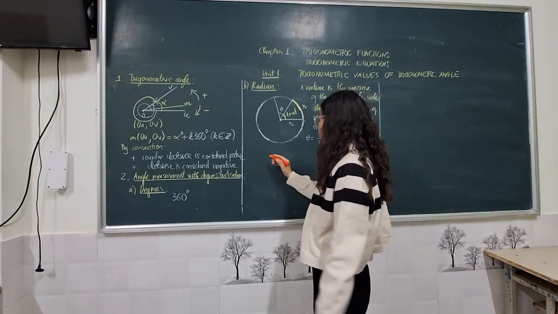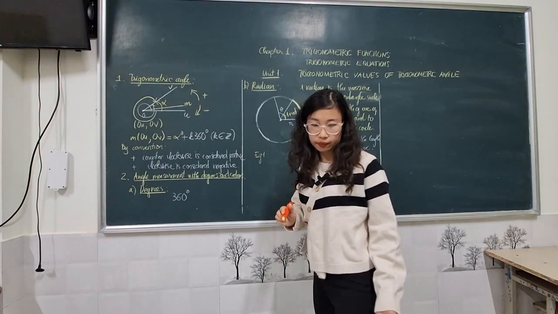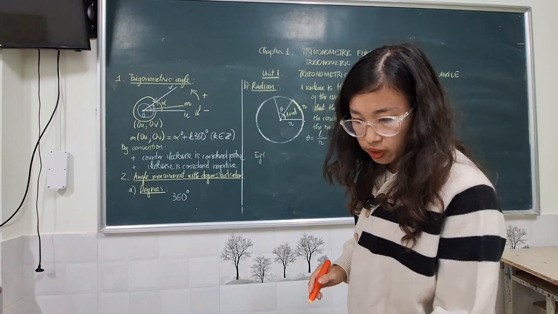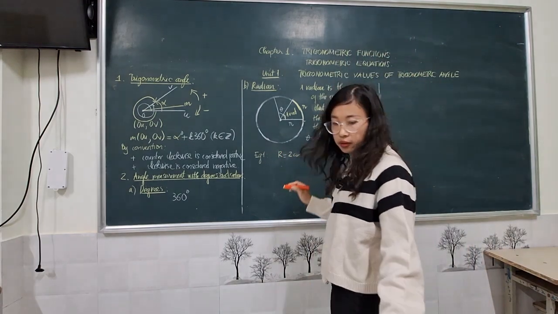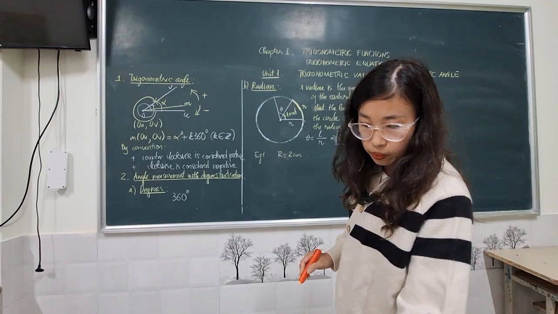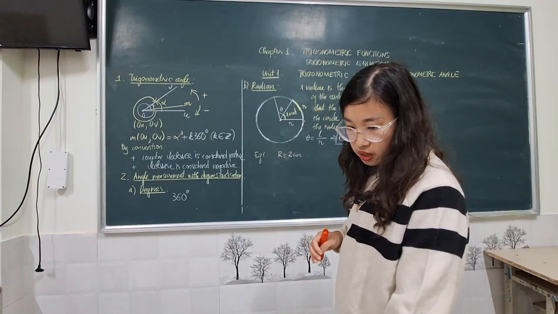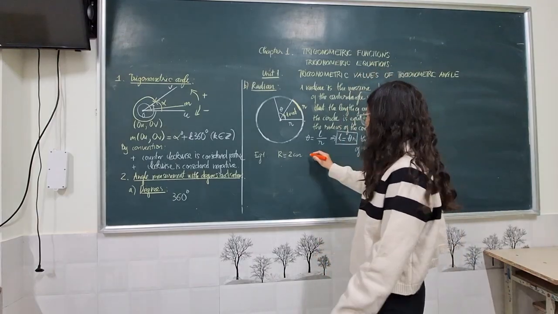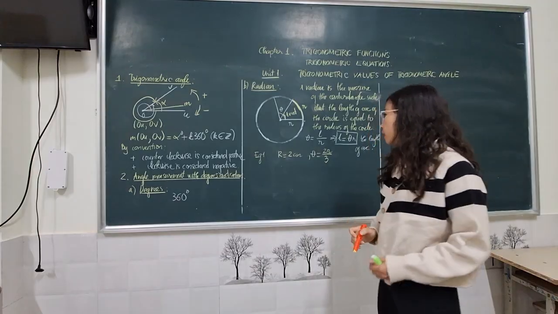Now let's do some examples. Example 1. A circle has radius r equals 2 centimeters. Find the length of the arc subtended by the center angle of 2 pi over 3.